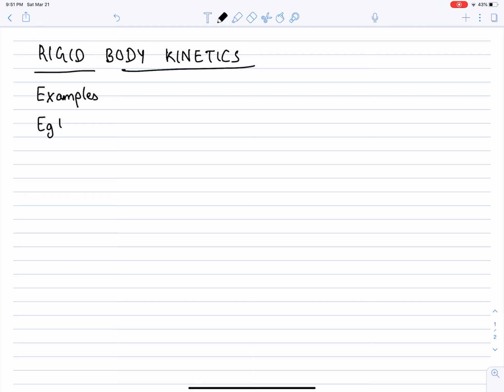This is example number 1. It's a pulley problem. But unlike our old pulleys so far in the course, this pulley is no longer massless.